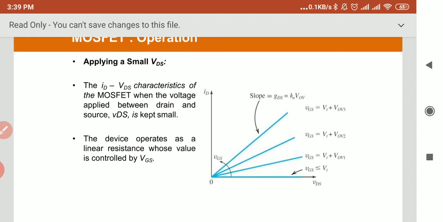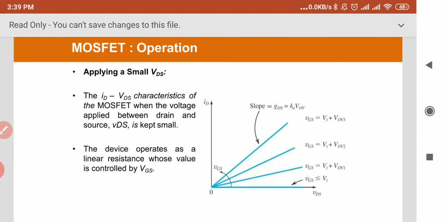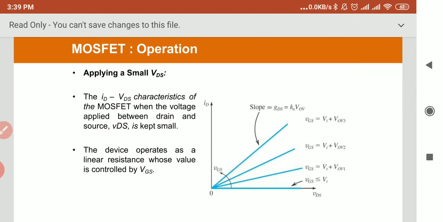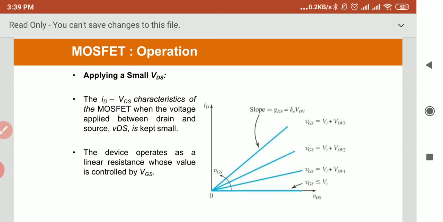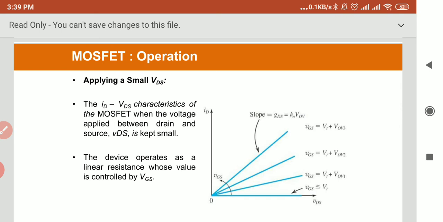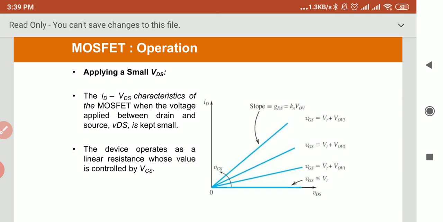Therefore a small value of VDS will give a higher amount of output current ID. That's why we are calling this region a linear region. When we give a small value of VGS greater than VT and some drain to source voltage, we get output current increasing linearly. So we call this region a linear region.